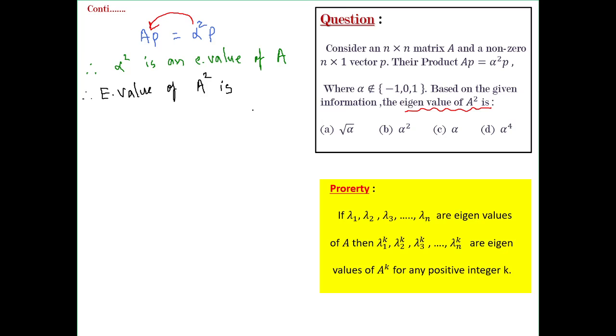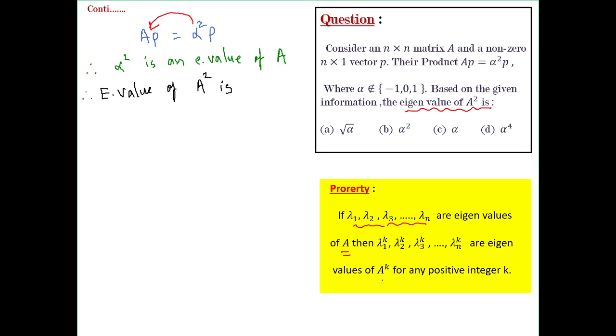If lambda 1 to lambda n are eigenvalues of an n by n matrix A, since the order is n by n, n eigenvalues exist, then lambda 1 raised to k, lambda 2 raised to k, up to lambda n raised to k are eigenvalues of A power k for any positive integer k.